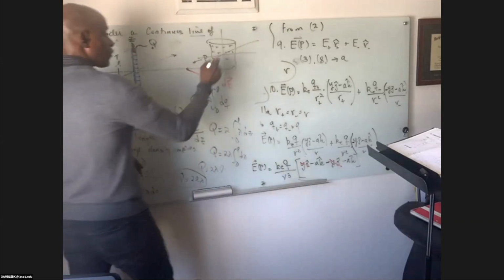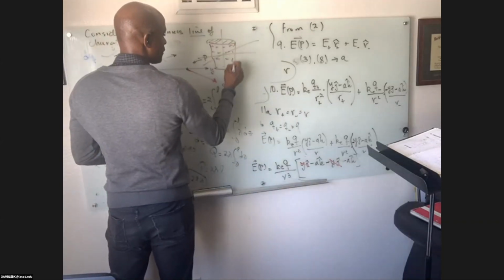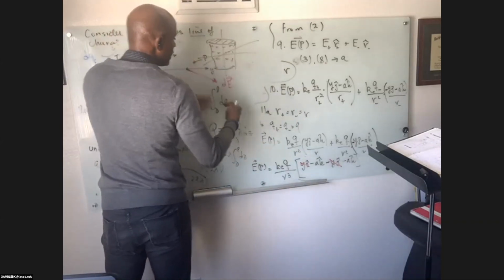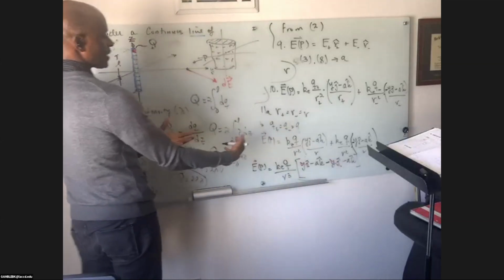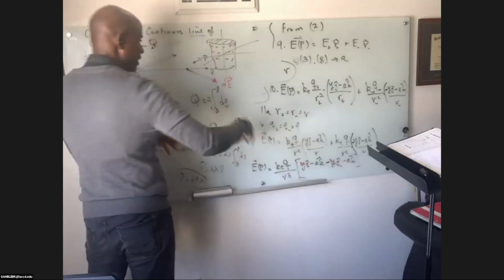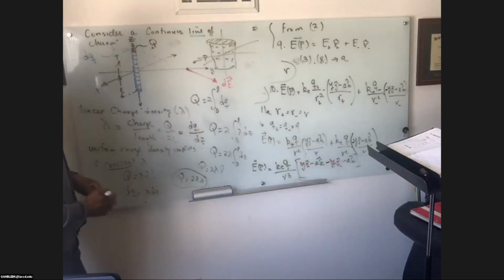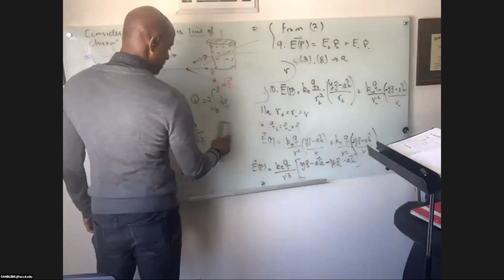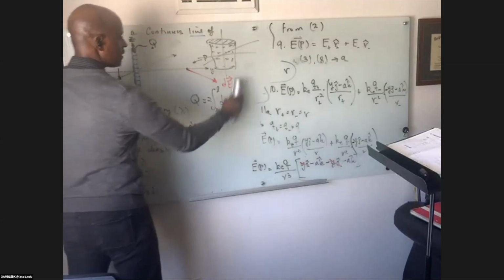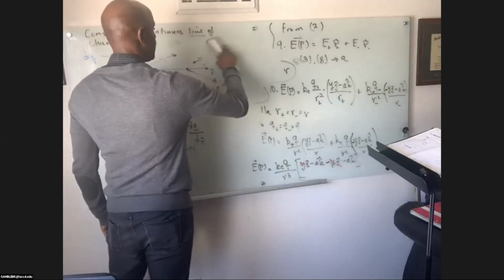Or what if it was a solid cylinder and I had charge all throughout the volume of it? Then I would do it a similar way, but it becomes a more complex problem because it's a triple integral where I have to work out the volume of the thing. So, yeah, that is the relationship between charge density and total charge.